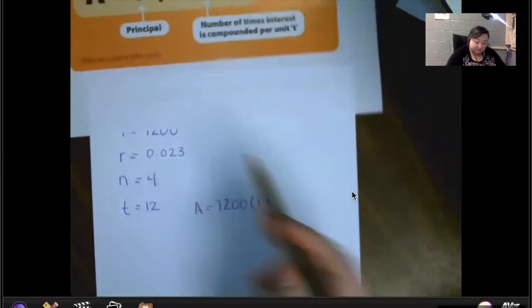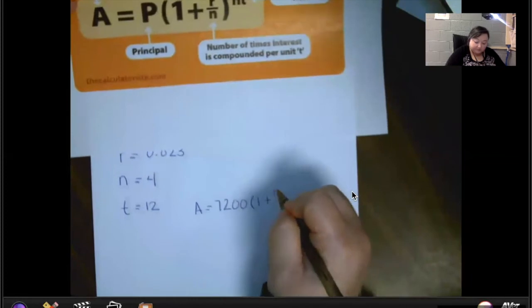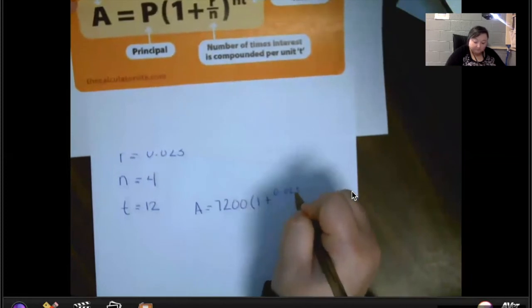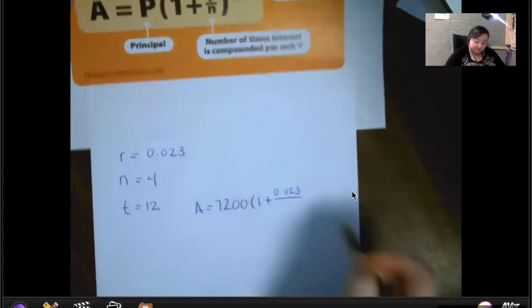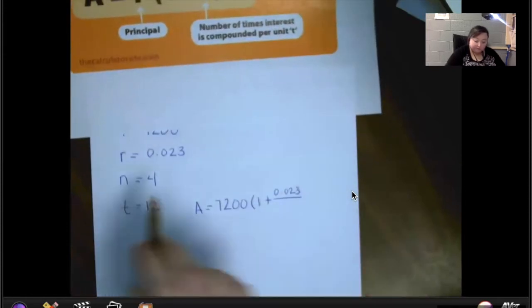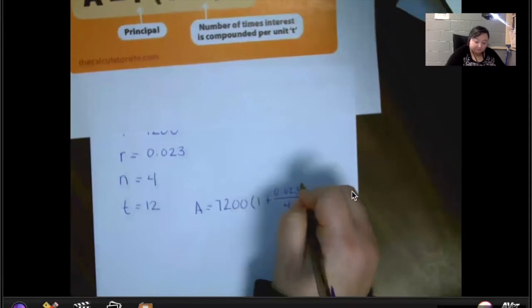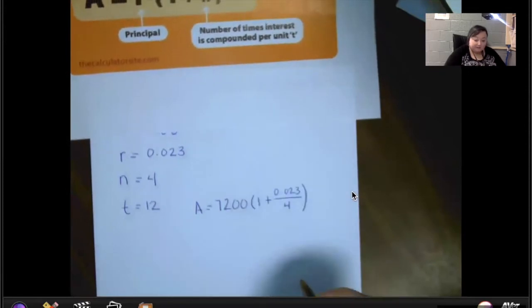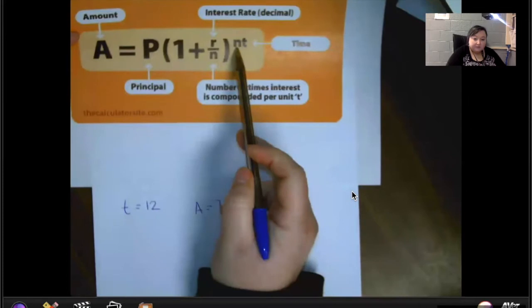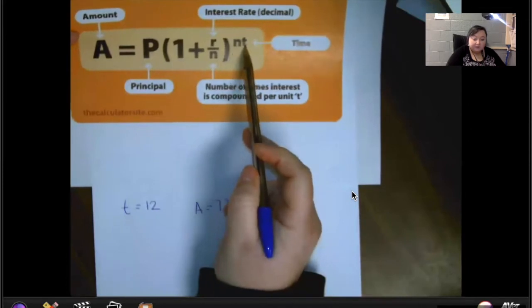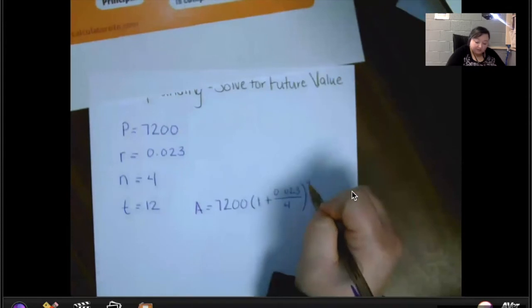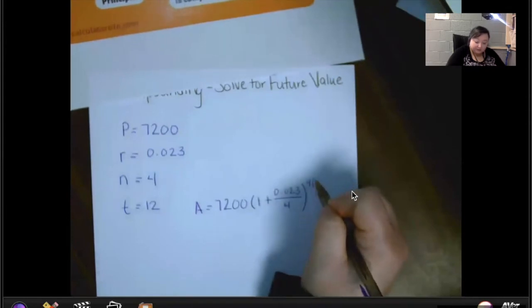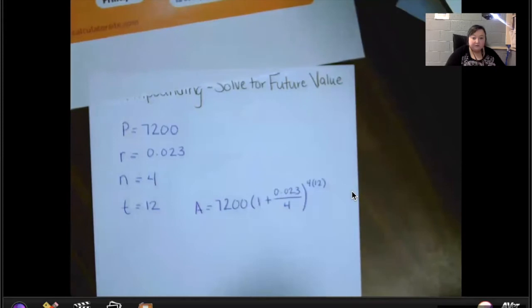Our interest rate, 0.023. We're going to divide that by the number of times that it's compounded. So it was compounded quarterly, so we're going to divide that by 4. And we're going to raise that to the number of times it's compounded for each year that we are compounding. So it's compounding 4 times each year, and we're going to look at after 12 years.